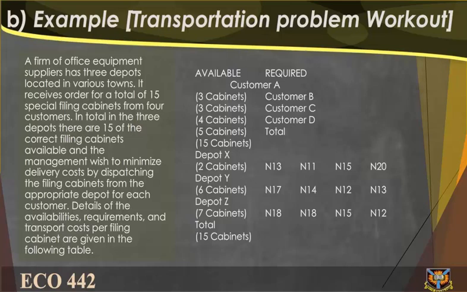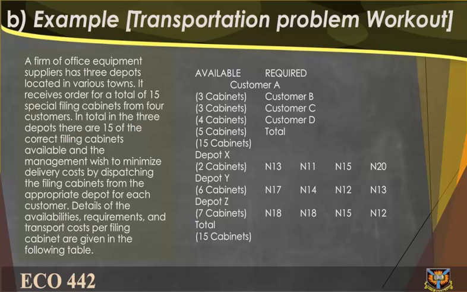Available, required: customer A, 3 cabinets; customer B, 3 cabinets; customer C, 4 cabinets; customer D, 5 cabinets; total 15 cabinets. Depot X, 2 cabinets: N13, N11, N15, N20.